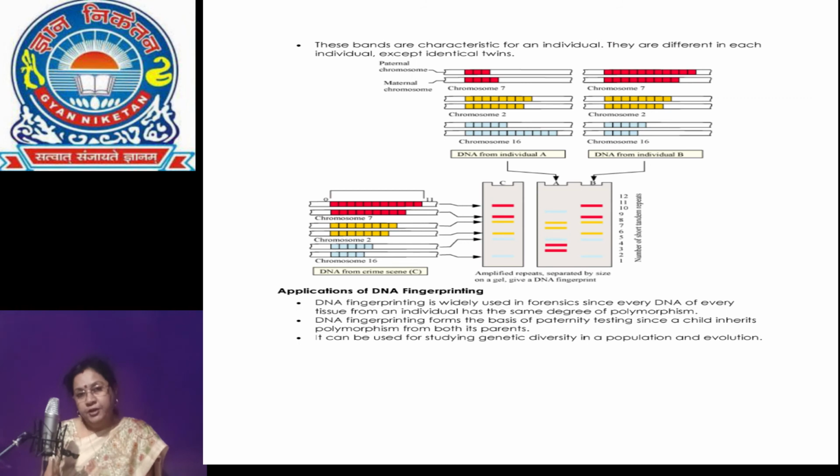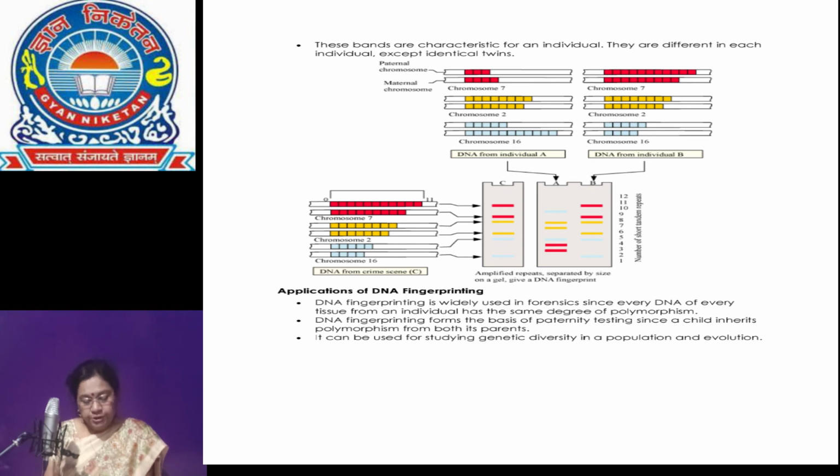DNA fingerprinting is used for forensic tests to identify criminals and for crime investigations. It can be used to settle maternity and paternity disputes when two parents claim a single child as their own child.